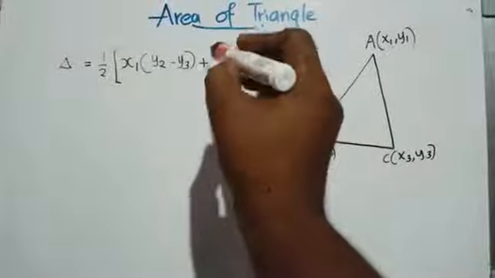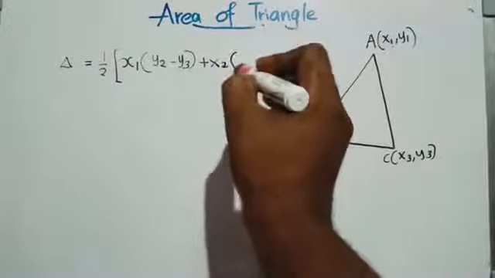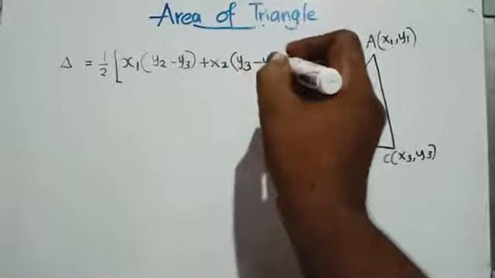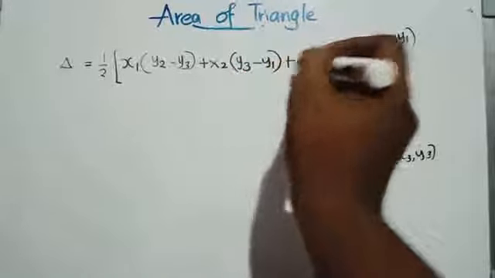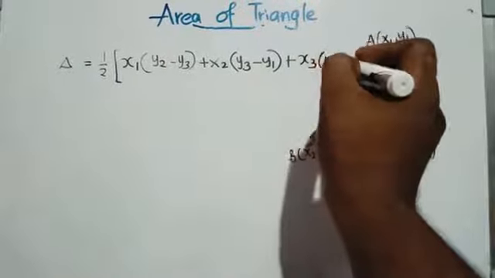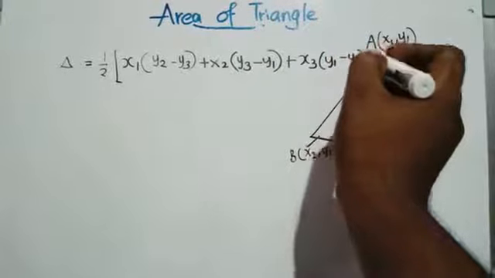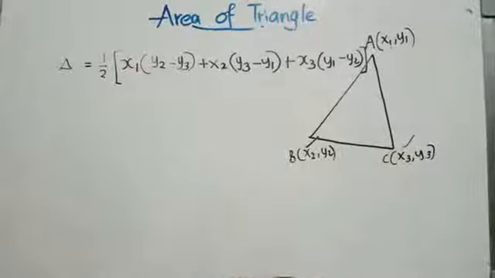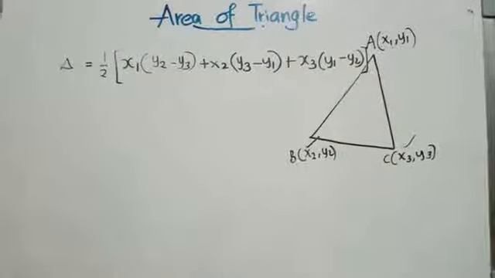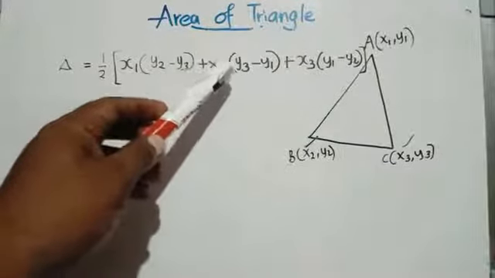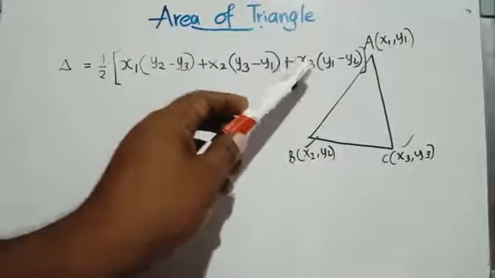Now we go for x2 of y3 minus y1 plus, now we go for x3 of y1 minus y2. So the area of the triangle is half of x1 into y2 minus y3 plus x2 into y3 minus y1 plus x3 into y1 minus y2 square units.